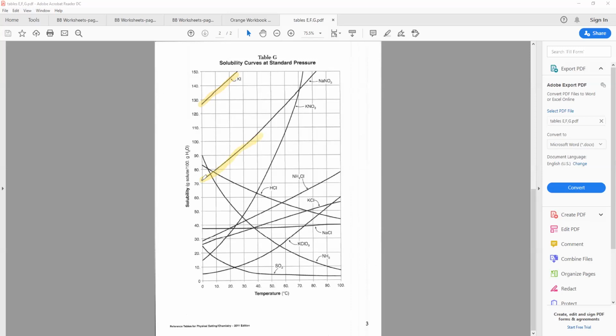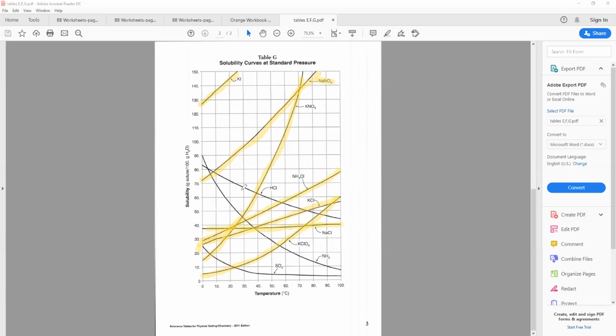What happens to this one? This one corresponds to what? NaNO3. What happens to the solubility of solids as the temperature increases? Well, as the temperature increases, the solubility of the solids in water increases. That is for solids, for ionic compounds. However, some increase more than others.